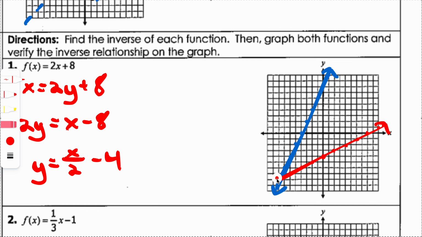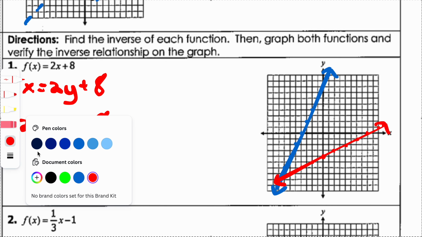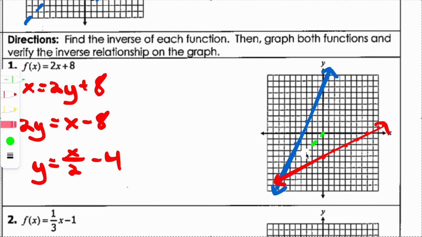I don't know why I got so skinny, but that's all right. And we see again that this is actually reflected over this line, y equals x. So whenever we're finding the inverse of a function, it's reflecting over this line, y equals x.